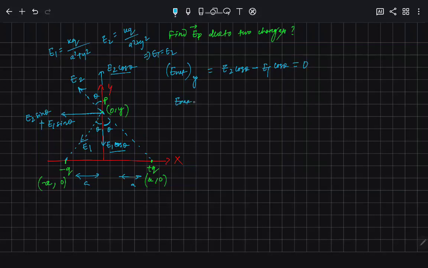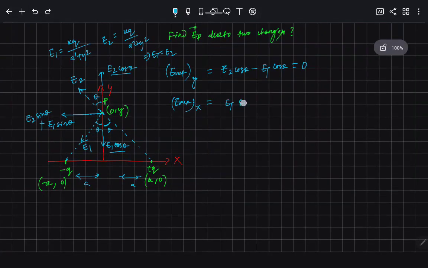Now E net along x is basically in the minus x direction, right? So I can write E1 sin theta plus E2 sin theta in the minus i cap direction.